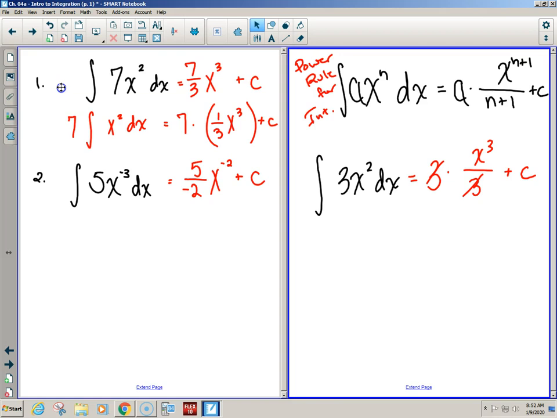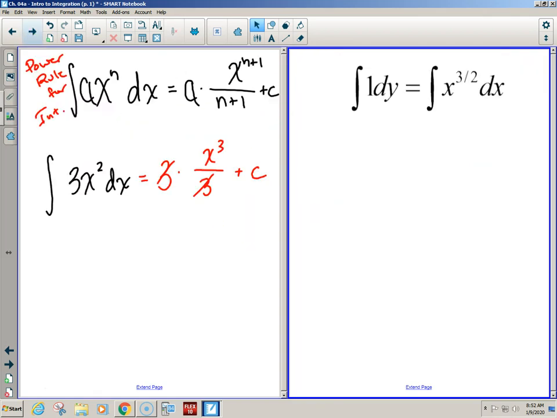That's interesting. But, for right now, what's going to happen if you guys have a fraction? Now, this side looks weird to you, I realize, but for right now, I'm going to go ahead and say, guess what? If you have a dy instead of a dx, that just means you're doing this in terms of another variable.